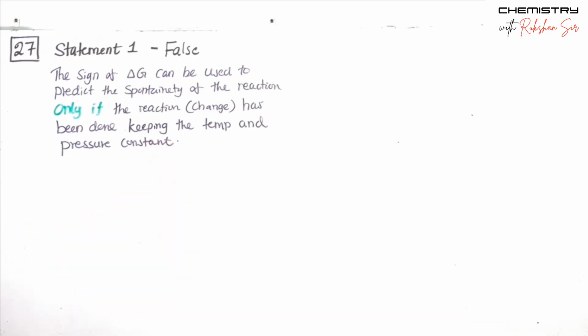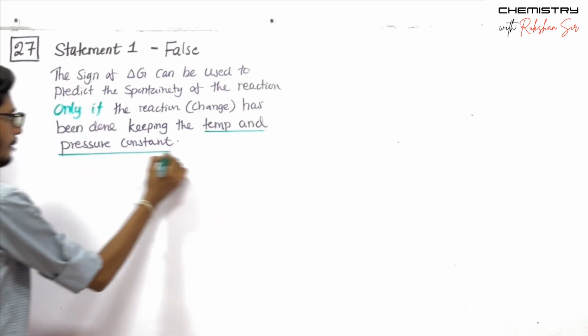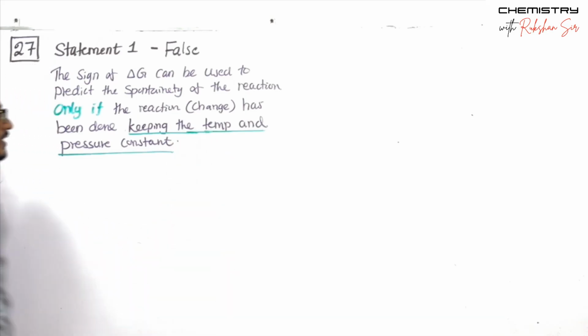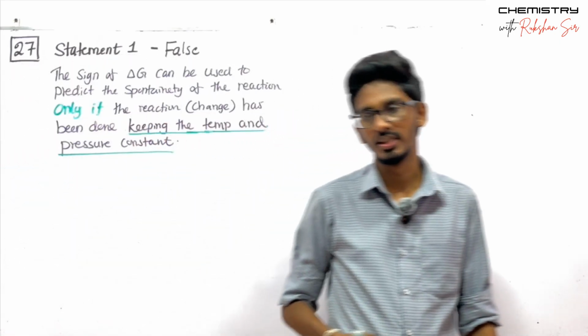Only if the reaction has been done keeping the temperature and pressure constant can we use the sign of delta G to predict the spontaneity. If not, you can't.